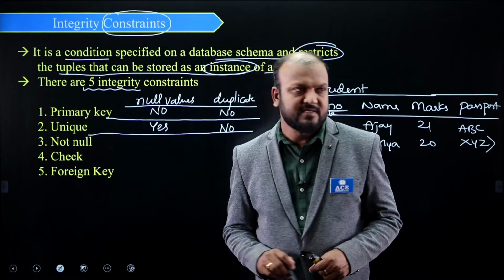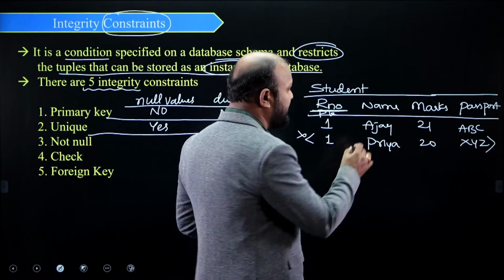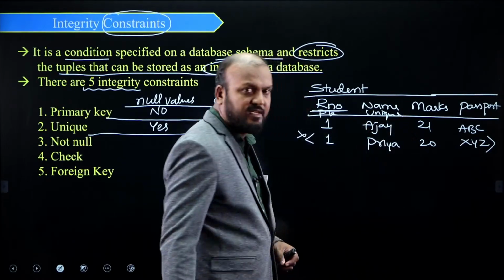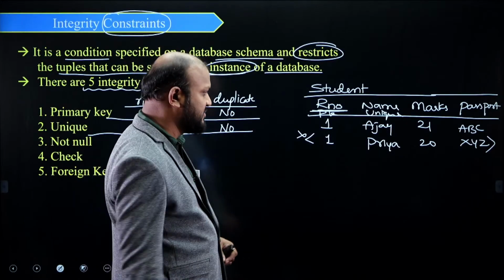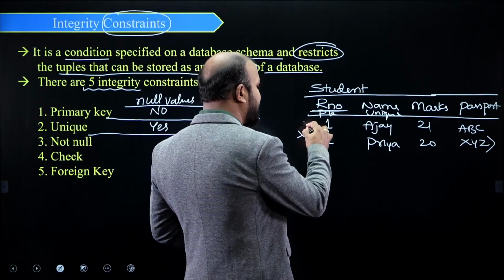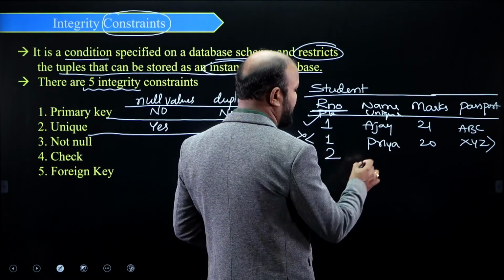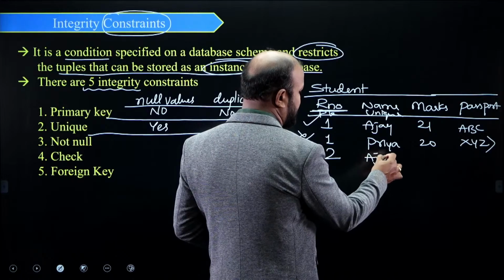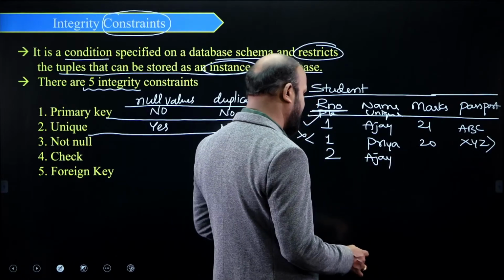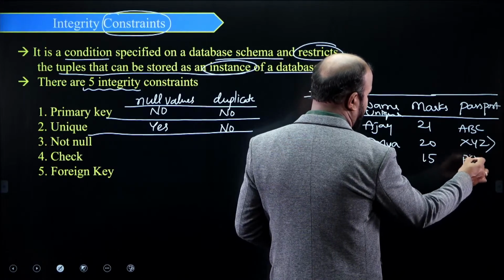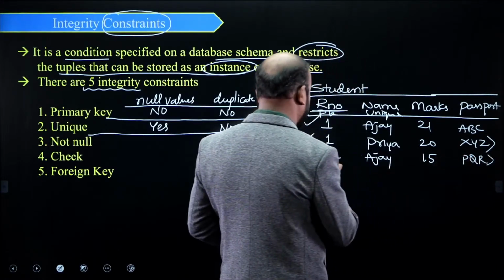Suppose I have a constraint on the name attribute called unique. It means there will be no duplicate names. One Ajay is already inserted, that is already there in the database system. Suppose I am inserting another Ajay, roll number 2 with the same name Ajay, marks 15, and PQR as the passport number.